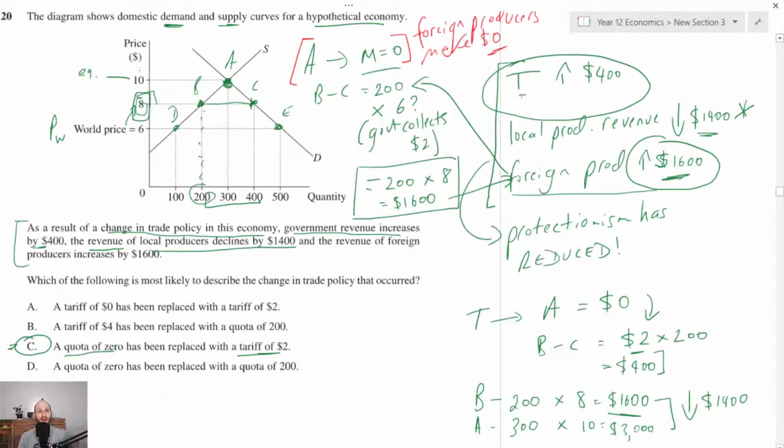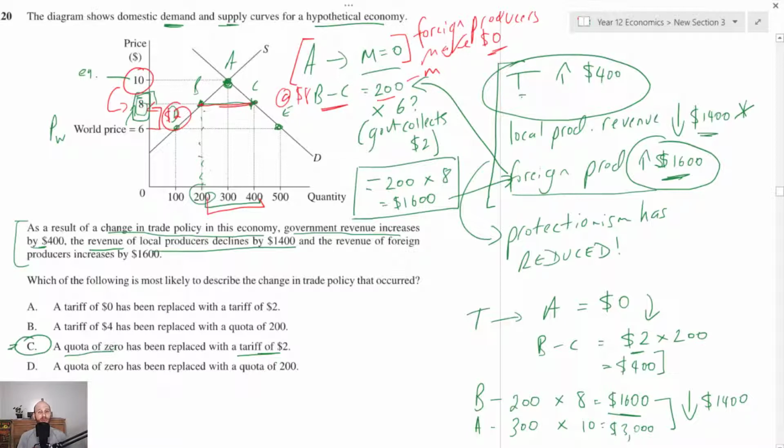Then if I go from $10 to $8, which represents a $2 increase, plus $2 on the world price, what I can say is that at $8, 200 imports are sold, because at $8, I'm looking at B to C. So I've got that to that, 200 imports.